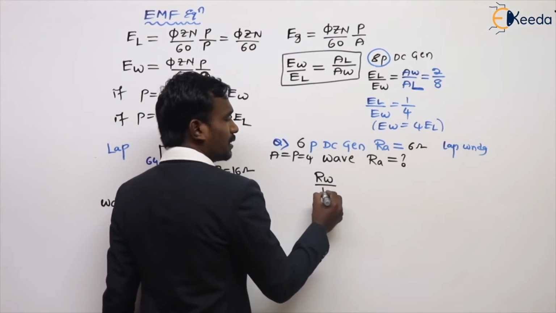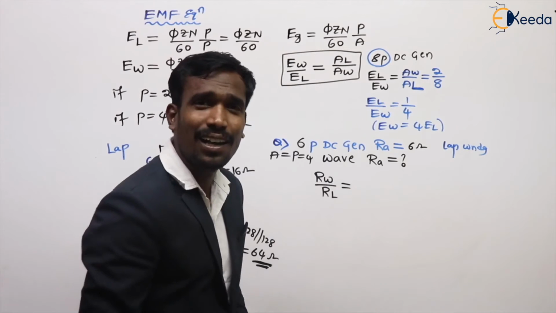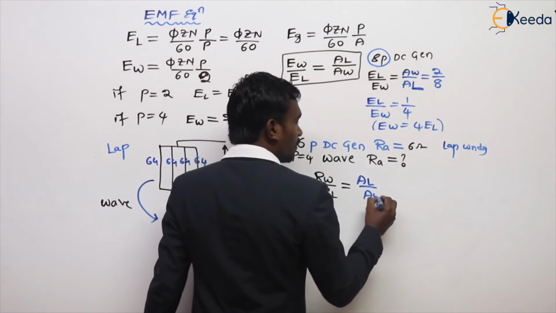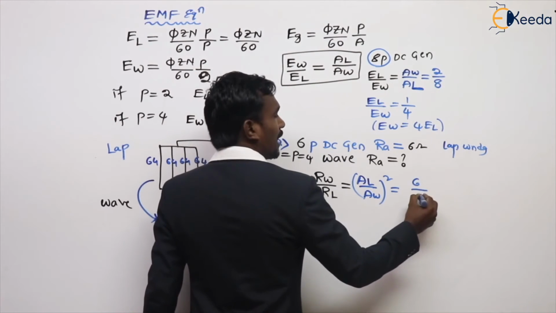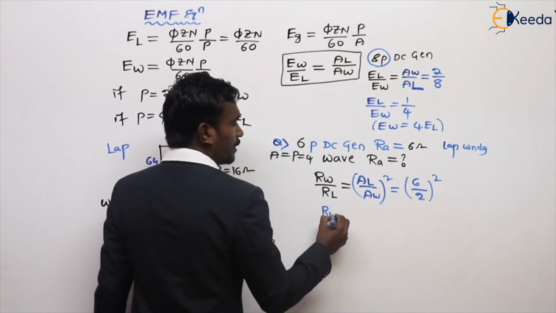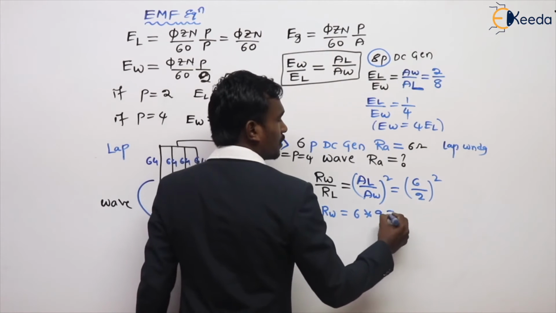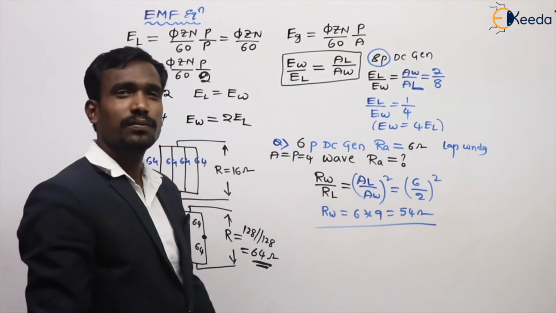Armature resistance in wave winding to lap winding is equal to, do you have an idea? Very good: AL upon AW whole squared. AL is 6 and AW is 2, whole squared. So RAW is equal to RAL multiplied by 9. So 54 ohms is your answer.